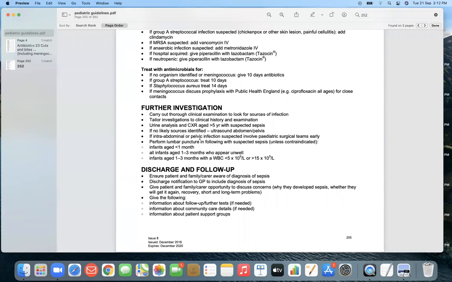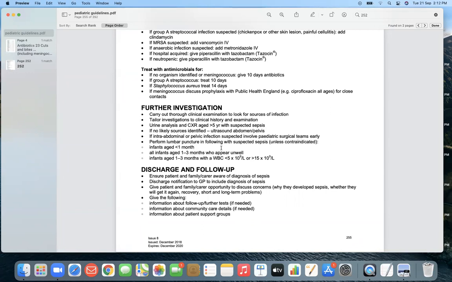If no likely source is identified, ultrasound abdomen and pelvis has to be done. If you did all the investigations and you are not sure about the cause, you will also do ultrasound abdomen and pelvis. If intra-abdominal or pelvic infection is suspected, involve the pediatric surgical team.